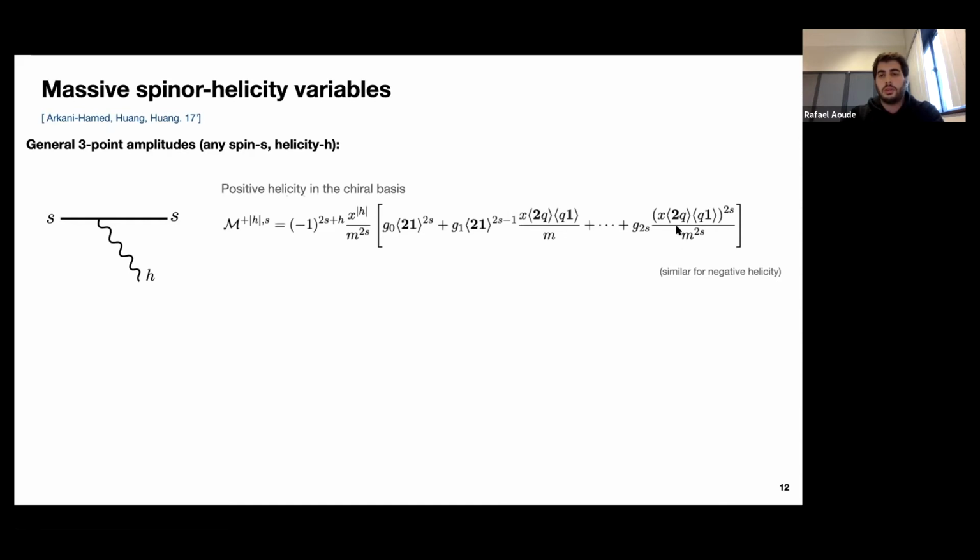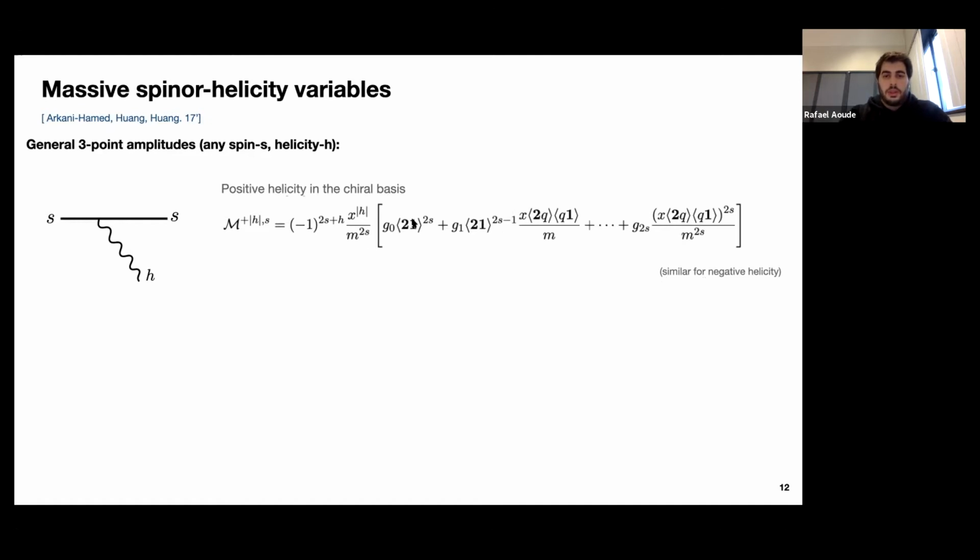That is the spin factor. This is the positive helicity in the chiral basis, meaning that you only have angular brackets in this sense. It's similar for the negative helicity case.